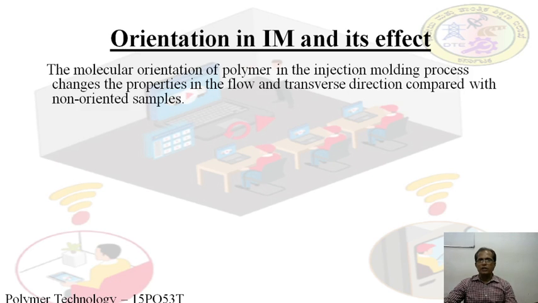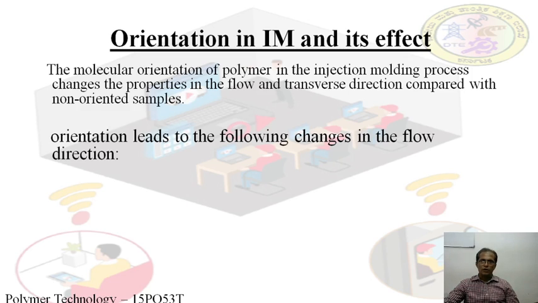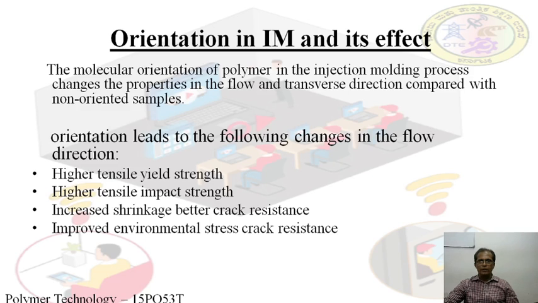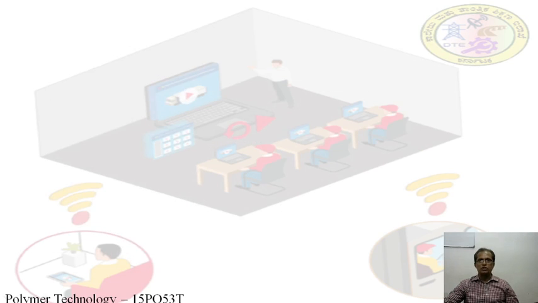The molecular orientation of polymer in the injection molding process changes the properties in the flow and transverse direction compared with non-oriented samples. Orientation leads to the following changes in the flow direction: higher tensile yield strength, higher tensile impact strength, increased shrinkage, better crack resistance, improved environmental stress crack resistance, lower tensile elongation.